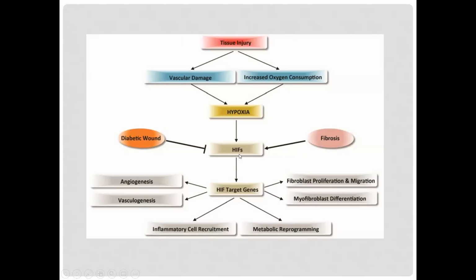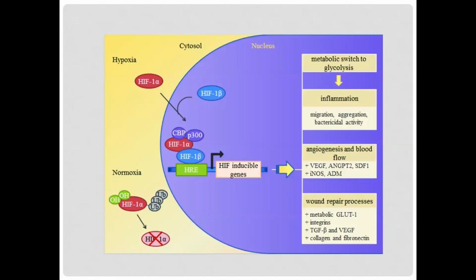Fibrosis will illicitly activate HIF-1, and diabetic wound heals abnormally because it tends to inhibit HIF-1. So the HIF-1 heterodimer forms.